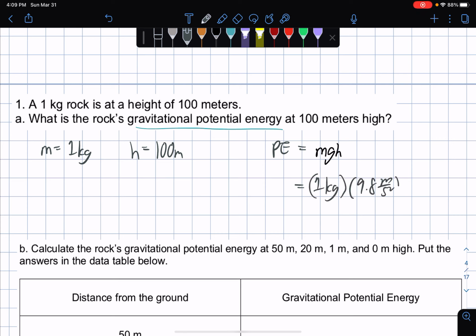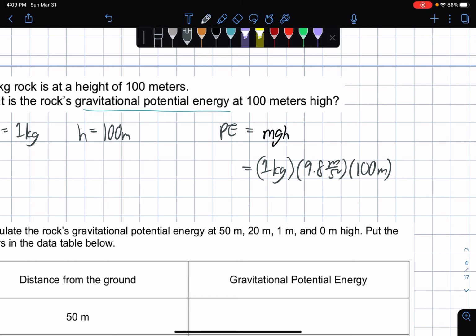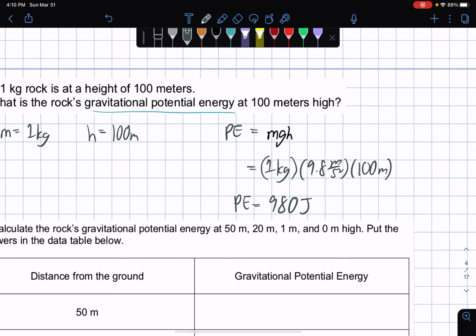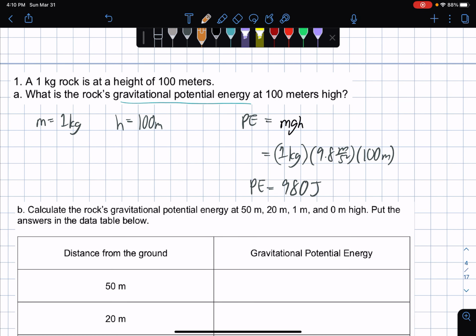Or yes, this could be answered mentally. 1 times 100 is still the same number, 100 times 9.8, move the decimal place 2 times to the right. So it is equal to 980 joules. So that is the answer for letter A of number 1.